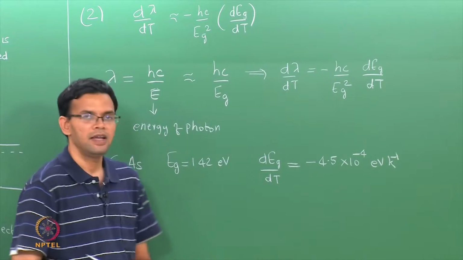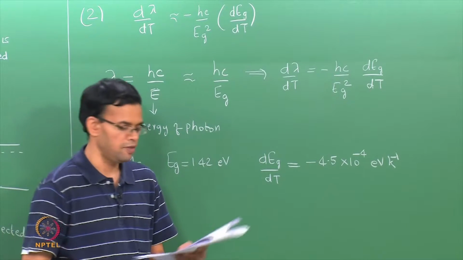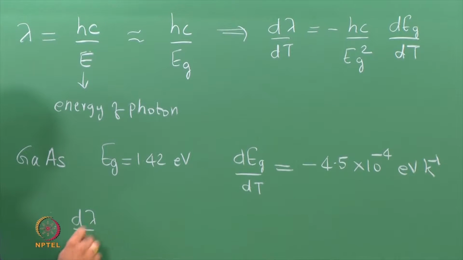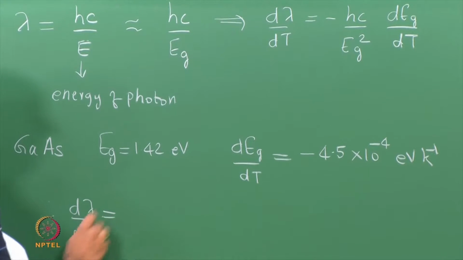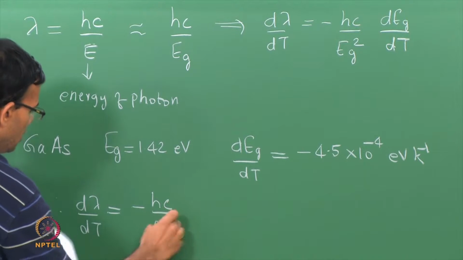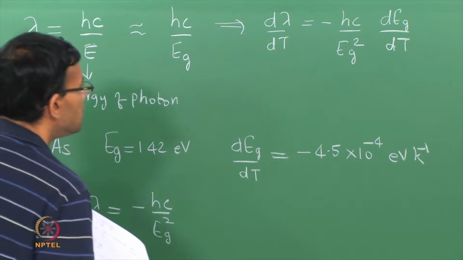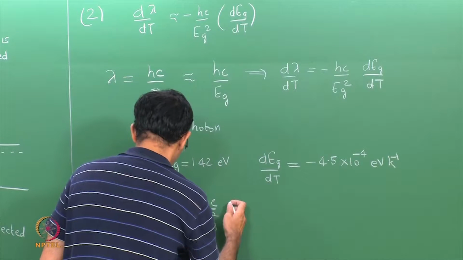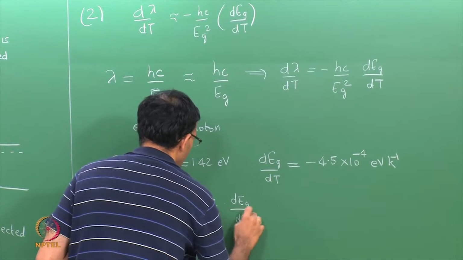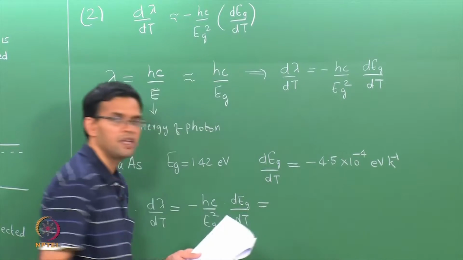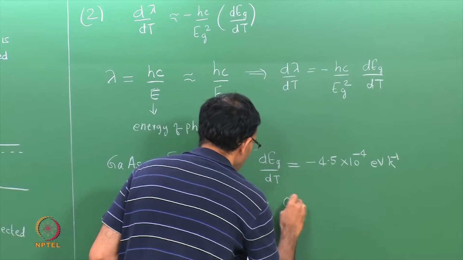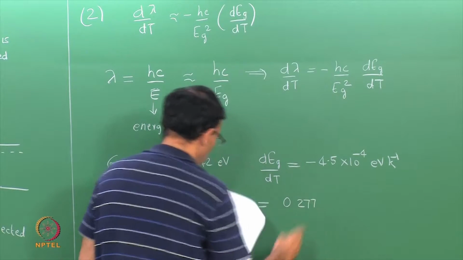So, we can calculate the change in wavelength with respect to temperature. d lambda over dt is minus hc over Eg square times dEg over dt. We can substitute all the values and this gives you a value of 0.277 nanometer per Kelvin.